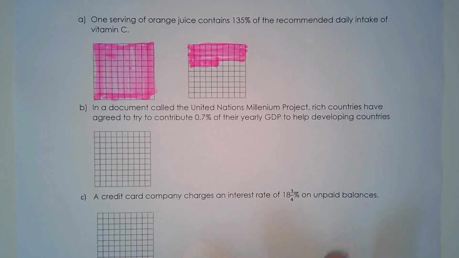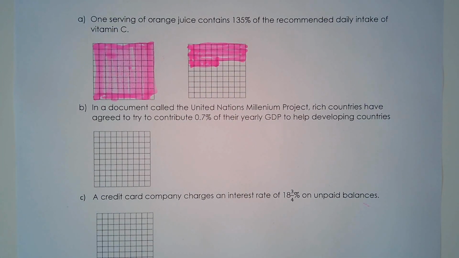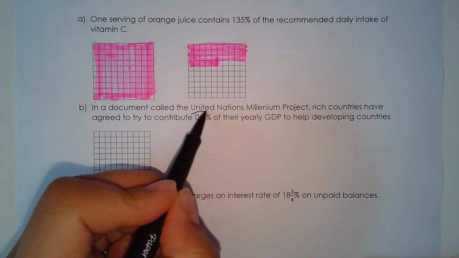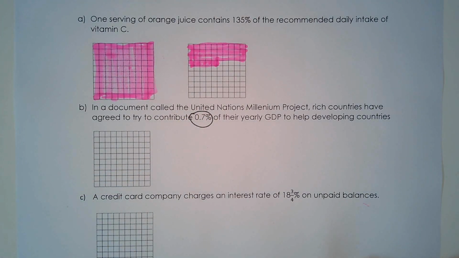Okay, second example, in a document called the United Nations Millennium Project, rich countries have agreed to try and contribute 0.7% of their yearly gross domestic product, so that's the total value of goods and services produced, to help developing countries. So this is an example of a fractional percent less than 1.